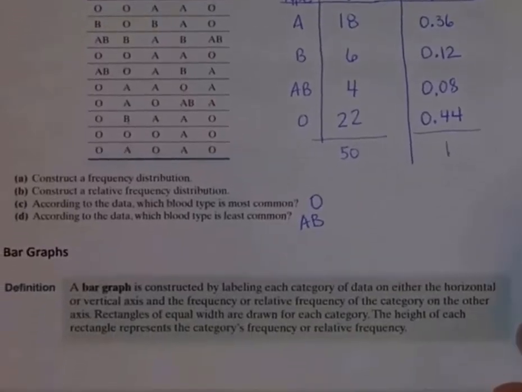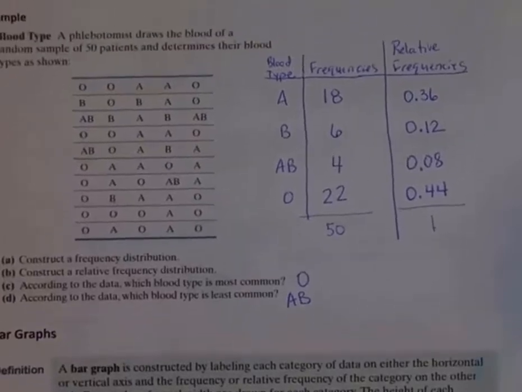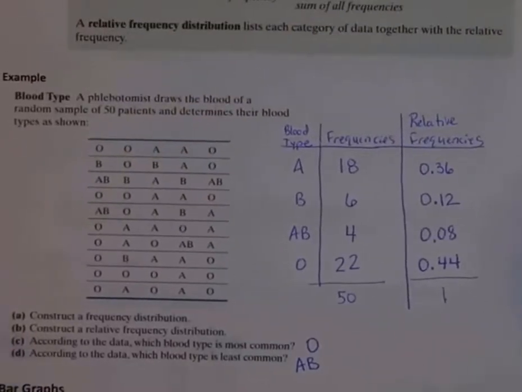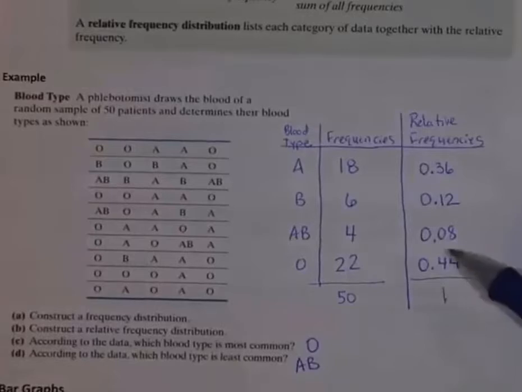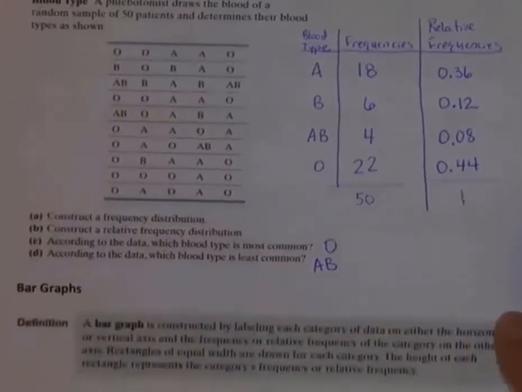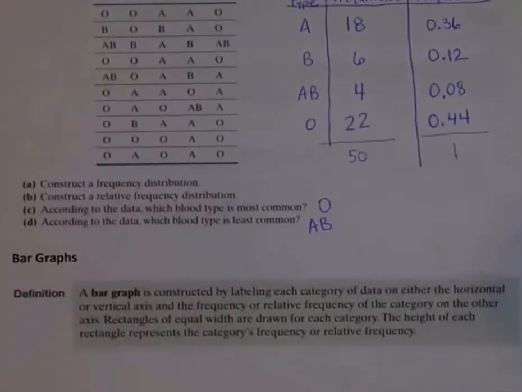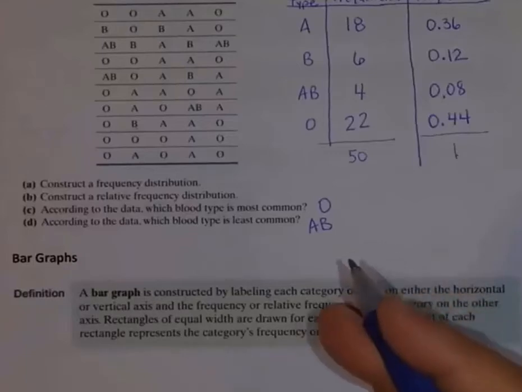Now, along with organizing our data, again, we're talking about qualitative data right now. In addition to organizing our data into these tables, called frequency or relative frequency distributions, oftentimes we will want to display our data graphically. So there are some different types of graphs that work well with qualitative data.